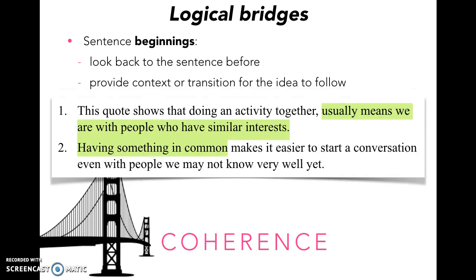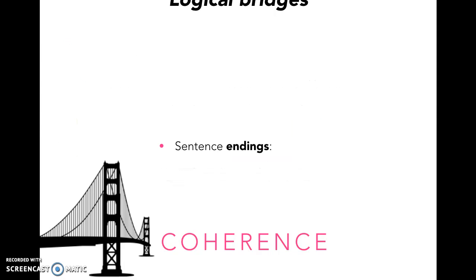For example, this quote shows that doing an activity together usually means we are with people who have similar interests. And the next sentence, having something in common. So similar interests and having something in common knit together, and they create a real cohesion within the paragraph. So it's a good idea before you start a sentence just to reread the end of the last sentence to see where you are. And this is the same with sentence endings.